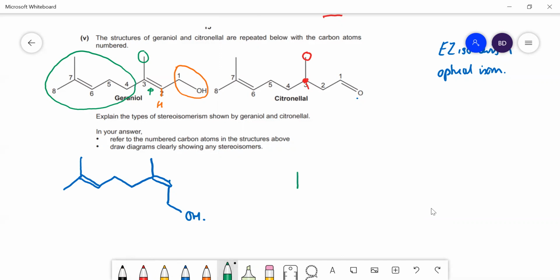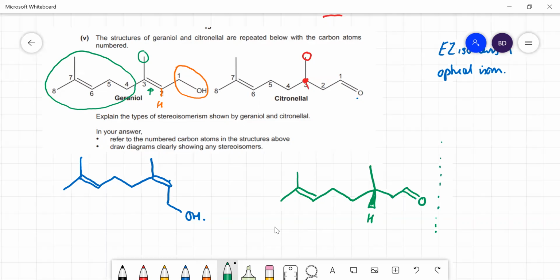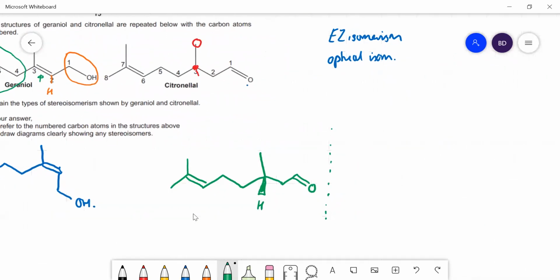So what I'm going to do is draw one. There's our asymmetric carbon. I'm going to draw the hydrogen coming out as a wedge, coming towards us to show the 3D arrangement around there. And then we've got that. Now I'm going to draw the mirror image of that. So there's my mirror. I just have to be careful to draw the mirror image of it. So I'm going to have the oxygen there.